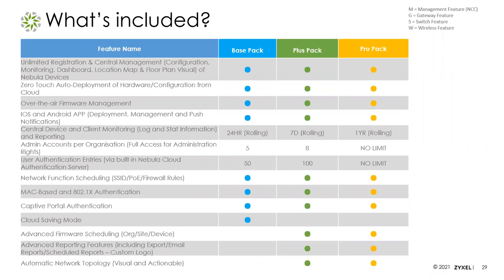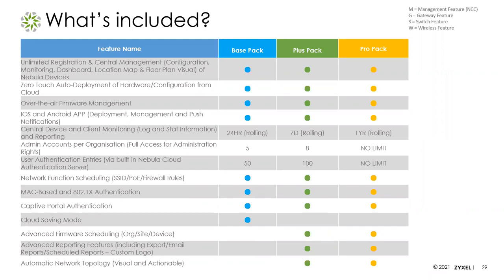Another difference comes into admin accounts. So for some of you smaller guys out here, it's not really going to affect you, but for some of you bigger MSPs, this is going to be important. So the free version of Nebula gives you 5 admin accounts per organization. Plus Pack gets you 8. Pro Pack gets you an unlimited number of admin accounts.